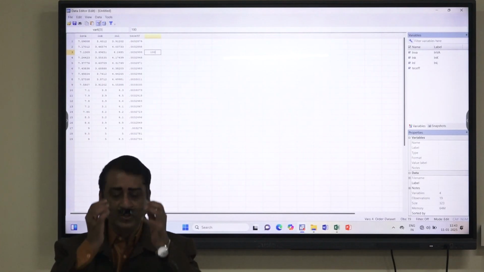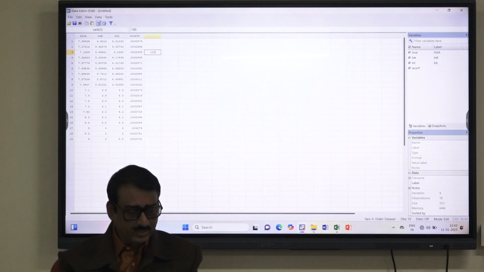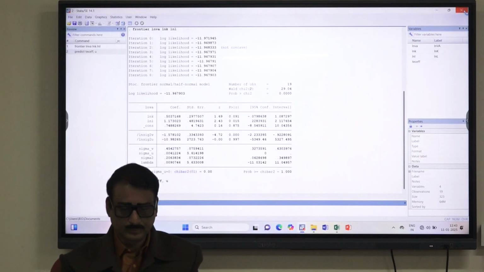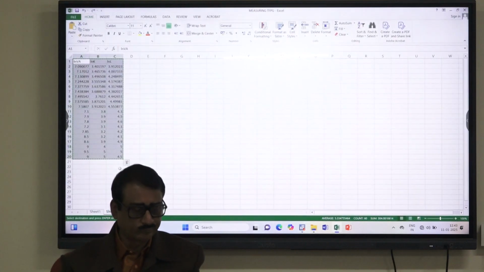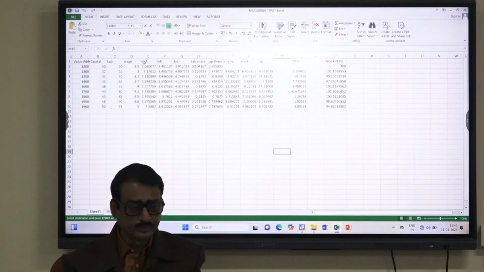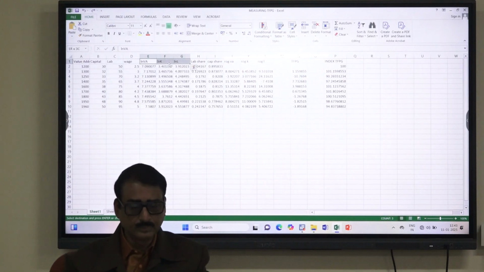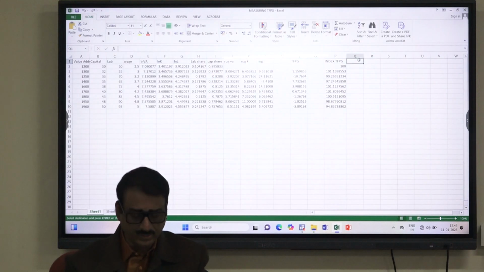You can also do the growth accounting technique. Anyway, I can mount a T component. T is time.